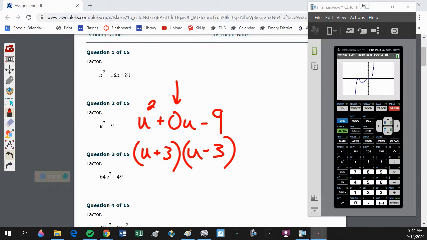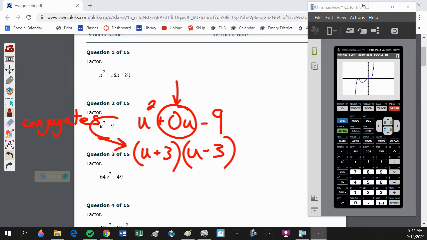Okay. Now, these factors have special names. They're called conjugates. And conjugates are factors that look the same, except they have a different sign between them. Whenever that happens, you will end up with a middle term that's 0, because the positive 3 and the negative 3 fight each other and they kind of just delete each other.